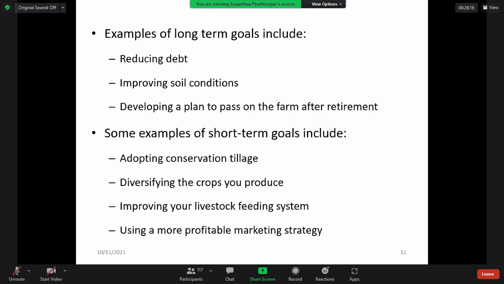If we have good quality maize or corn or other grasses, we can feed them to the animals, and then we can make sure the animal feeding system is good. The fourth one, using more profitable marketing strategies.